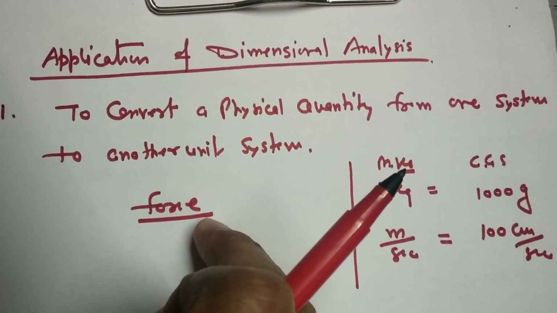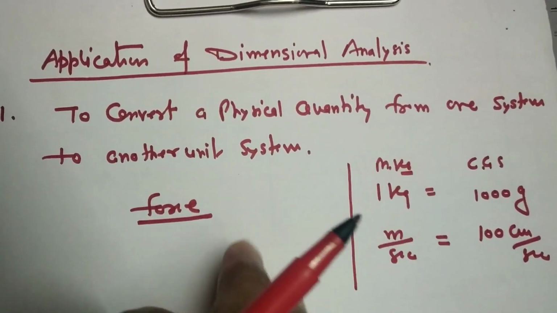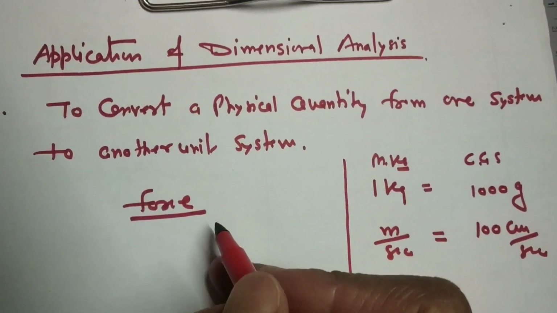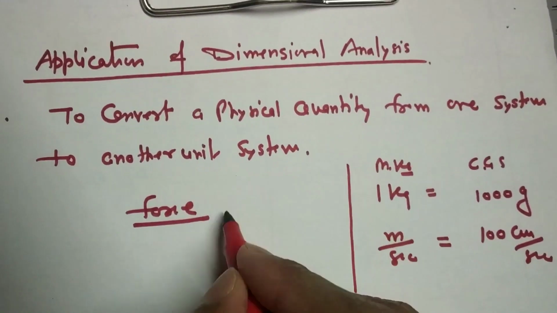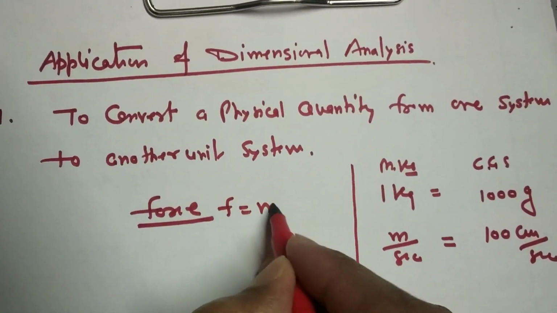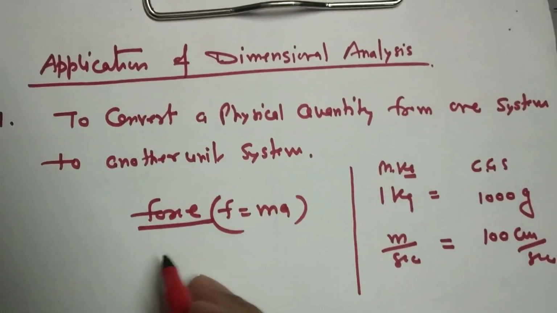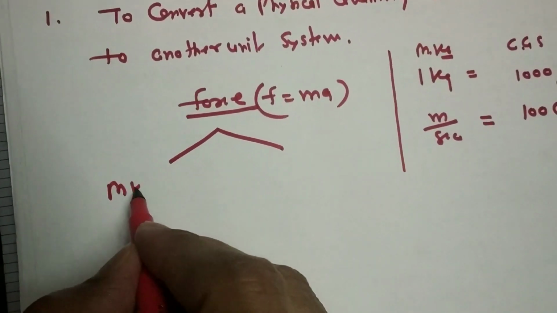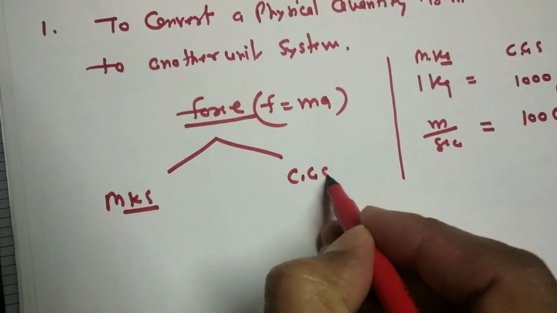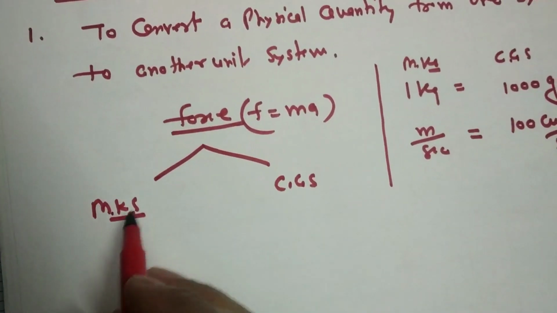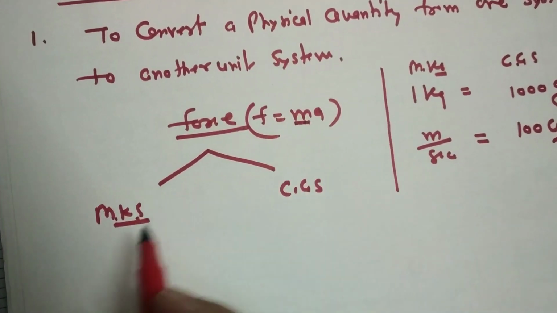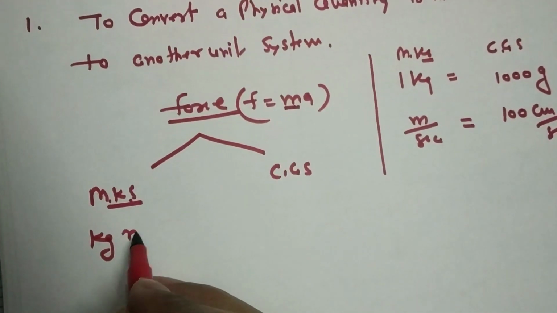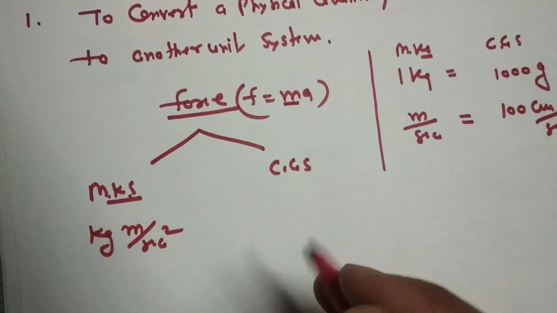First of all, in a simple way we can understand how the unit can be converted from one unit system to another unit system. You already know that F equals to MA formula. In MKS and CGS we will discuss. In MKS, for the unit of force, mass will be in kilogram, and acceleration is meter per second square.